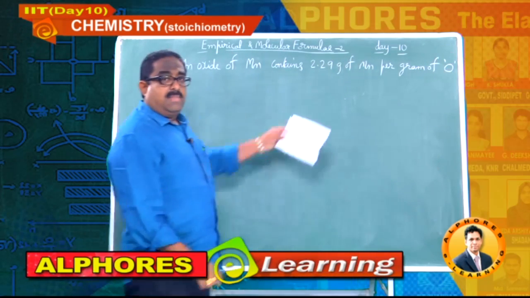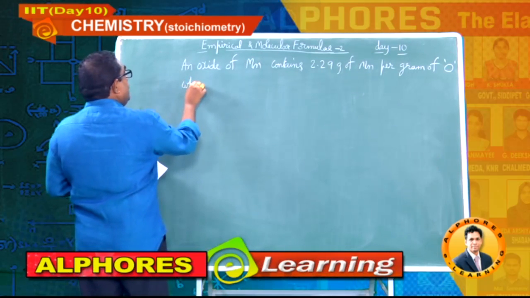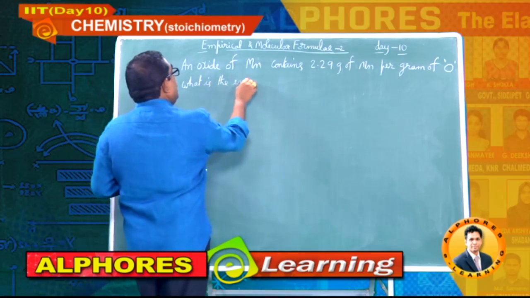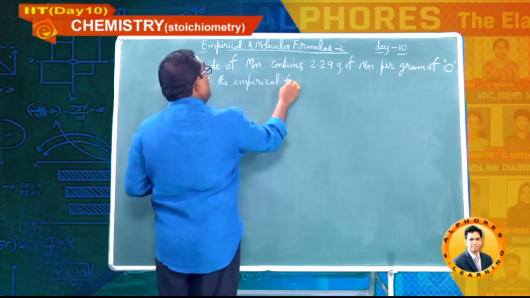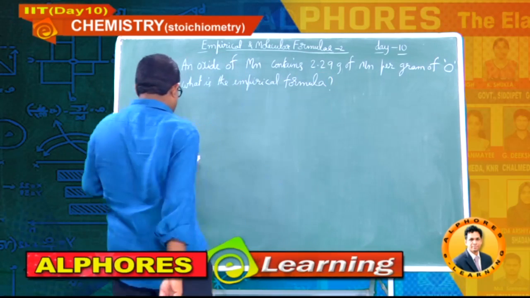I have written the symbol of the element, oxygen. What is the empirical formula of the compound?